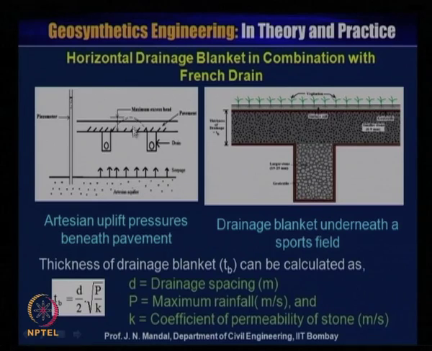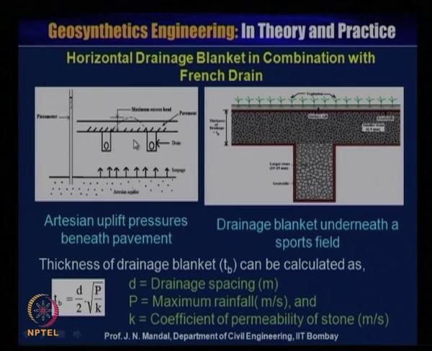So accordingly you are to select the thickness of the drainage blanket, that is TB, which we need to calculate in order that the maximum excess head should not appear on the top of the pavement. So there will be no water moving on the top of the pavement.